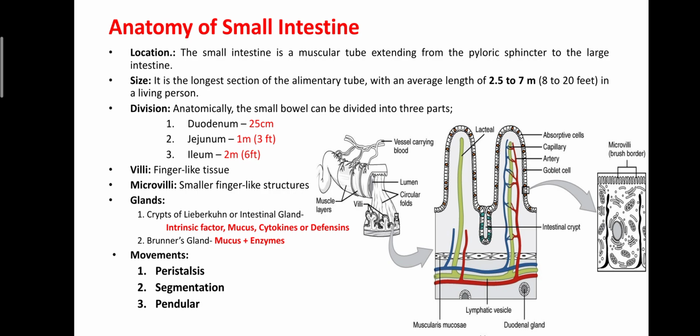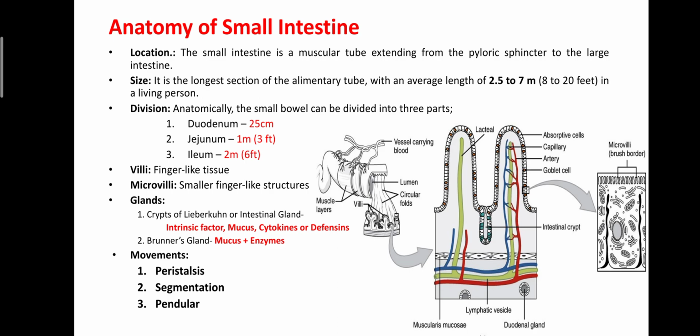These villi and microvilli increase the surface area available for the absorption of nutrition. There are also various glands, known as the intestinal glands, involved in the secretion of various hormones, enzymes and secretions.